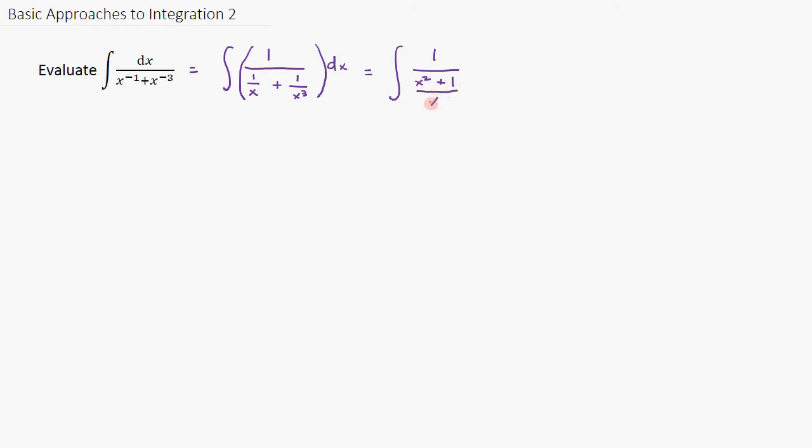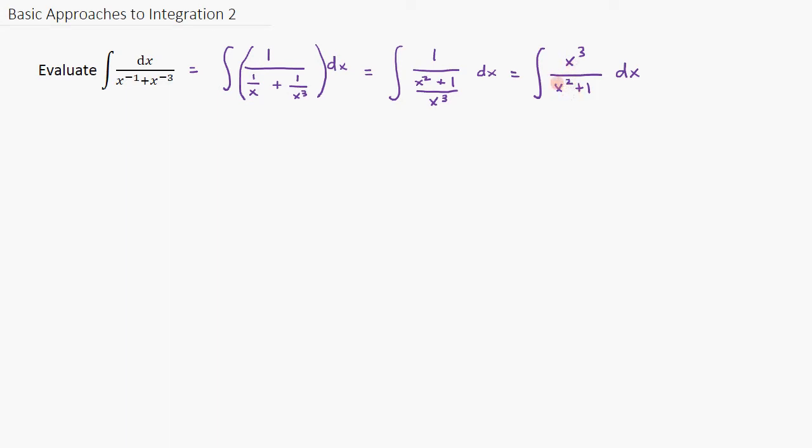And then I combine it into a single fraction. So it becomes x squared plus 1 over x cubed. Then I can further simplify this fraction, so the x cubed goes on top. And so now our integral does not involve any negative exponents and any complex fractions.